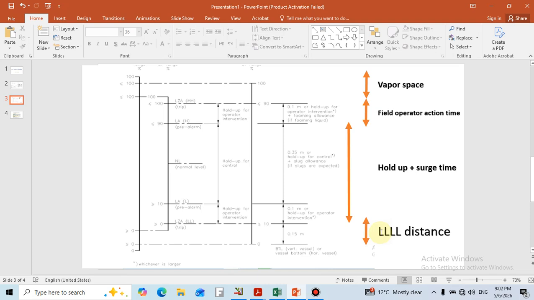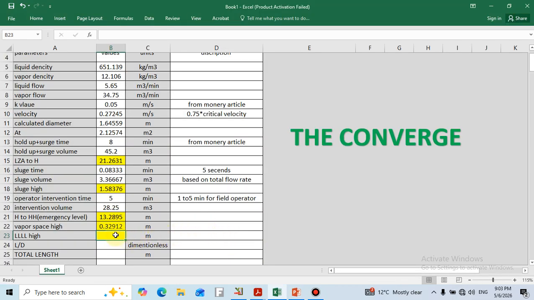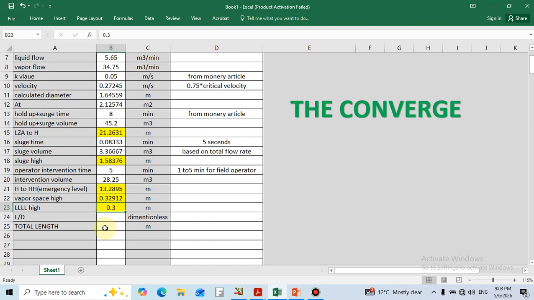If you do not have any pump, you can consider 0.15, or in some cases I have seen that some engineers take this value as 0.3 meter. I will consider, for example, 0.3 meter. Actually, it's really dependent on your procedure, whether you have the pump at the outlet of the liquid or not.